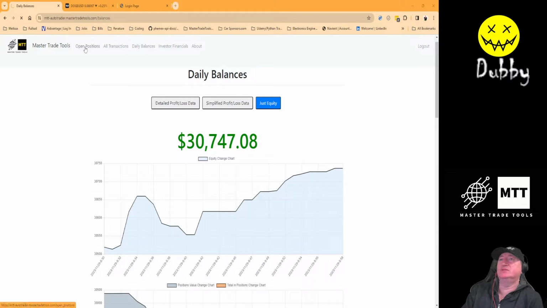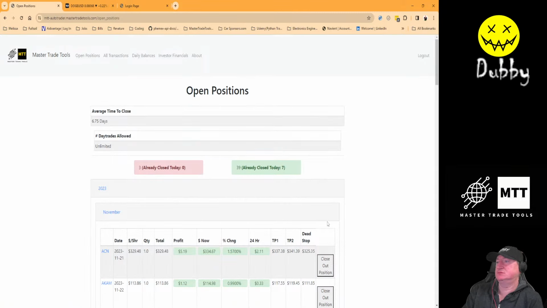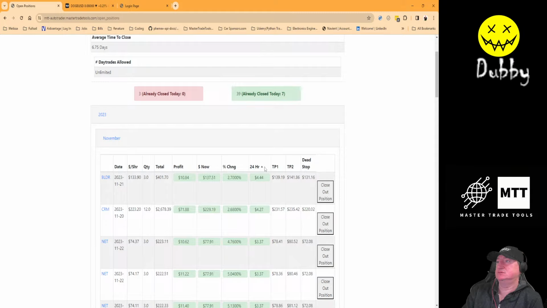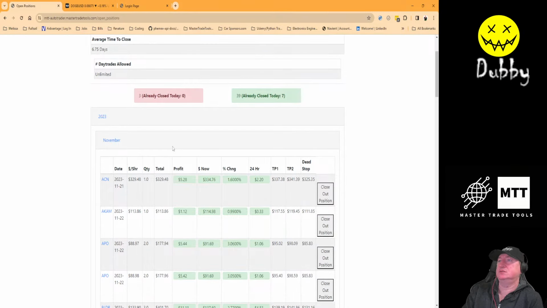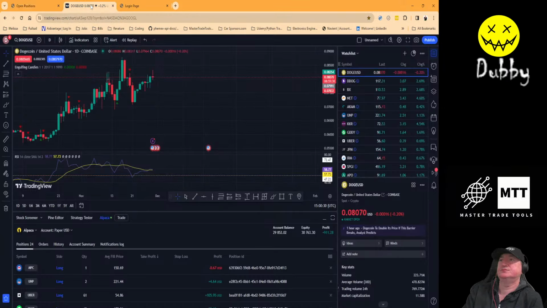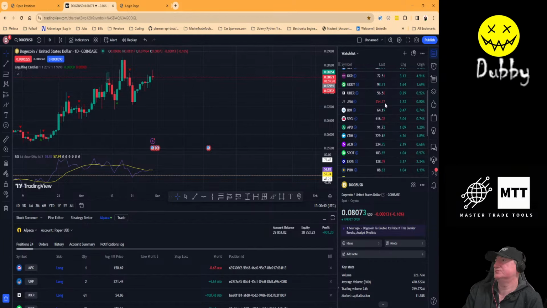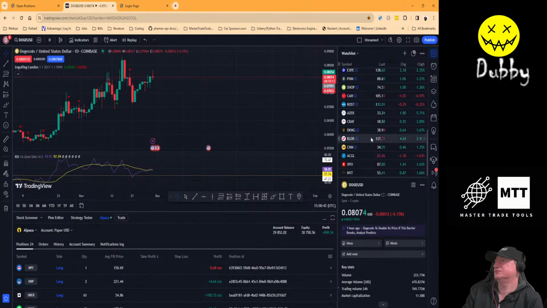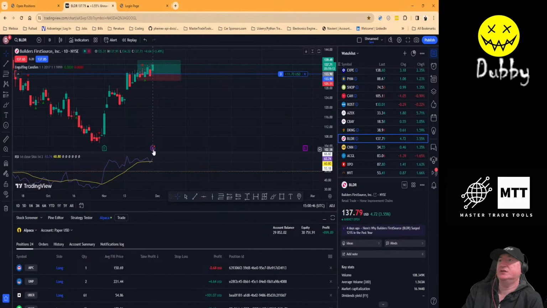Let's see what's got the most movement that's causing this to happen. Boulder. Let's see, we got a little bit of news here.